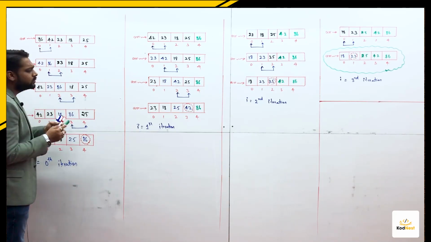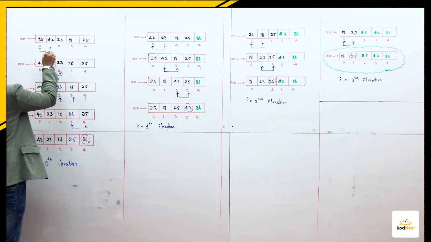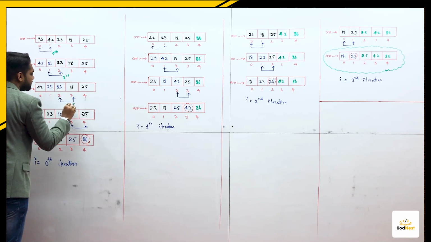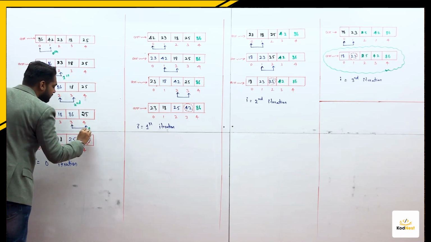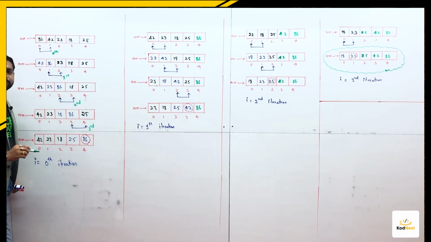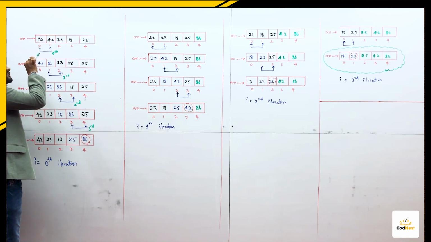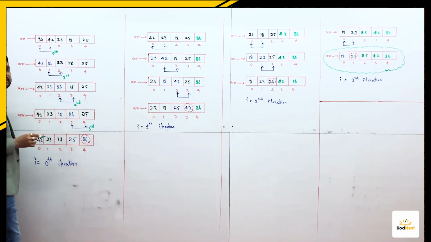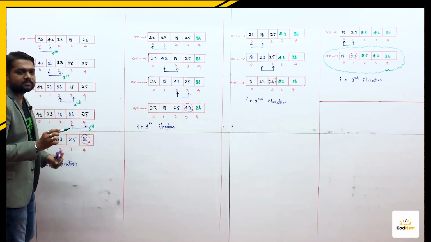I would just assume that this is the 0th comparison. This is the first comparison. This is the second comparison. This is the third comparison. Just because I am starting from 0, it is ending at 3. Actually speaking, 1, 2, 3, 4 comparisons I am doing, but let me start from 0.